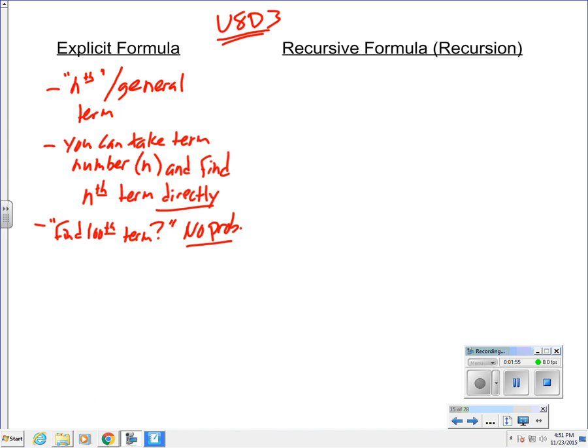An example of what an explicit formula would look like for a sequence would be something like this: an equals 2 to the n. Whatever the term number is, I take 2 raised to that power, and that's my nth term for that sequence.